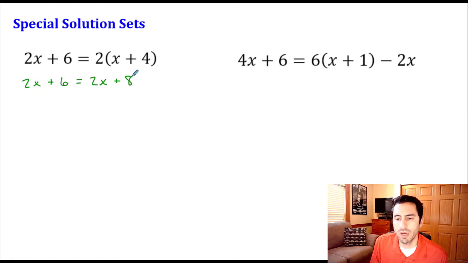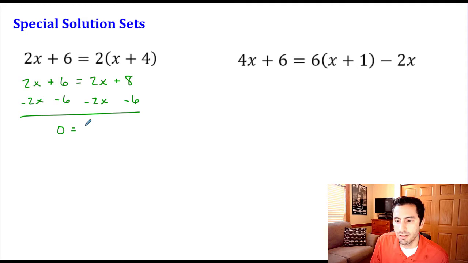I want to group up my variable terms, so I'm going to subtract 2x from both sides. And maybe I'll subtract 6 right away from both sides as well. And if I do that, 2x minus 2x, I end up with 0. And then on the other side, 8 minus 6, I end up with 2.